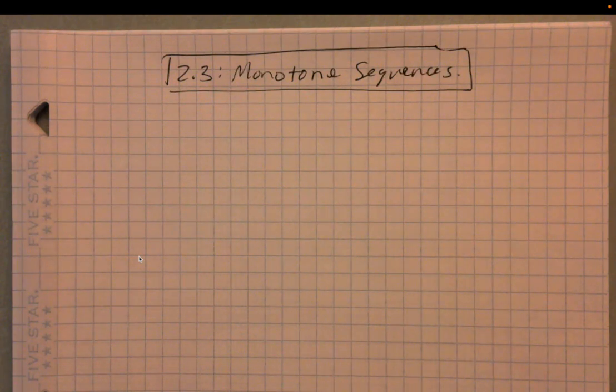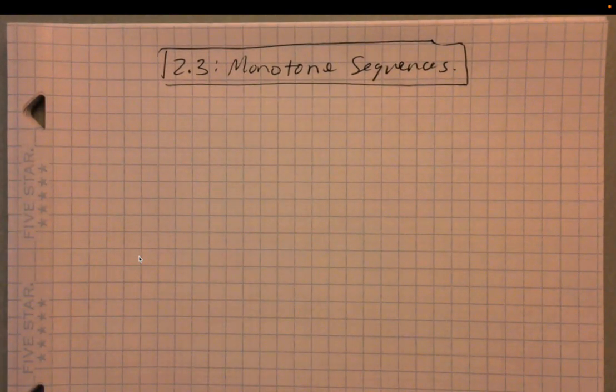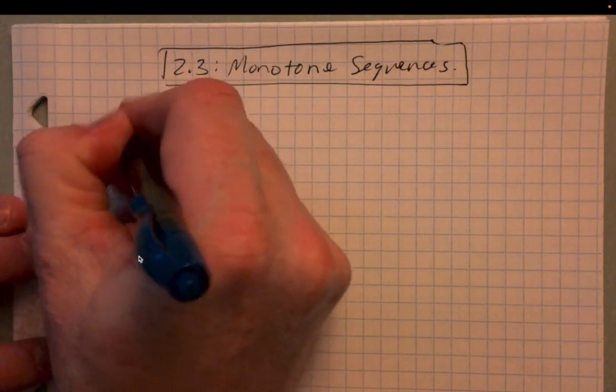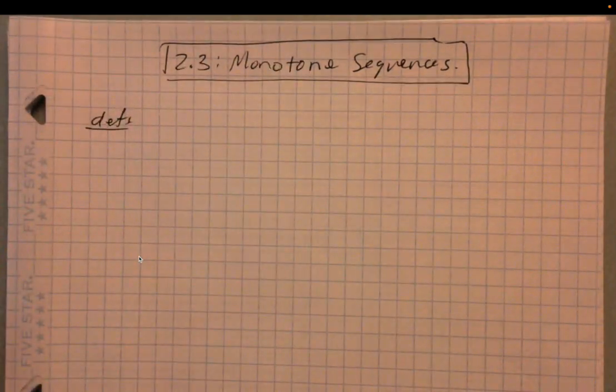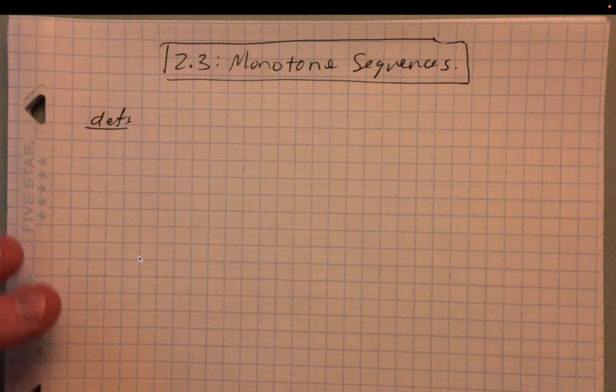And in this section we want to continue on with our look at limits of sequences by examining a special kind of sequence called a monotone sequence. Most people will probably be familiar with the idea, but just in case, let's go ahead and define these.